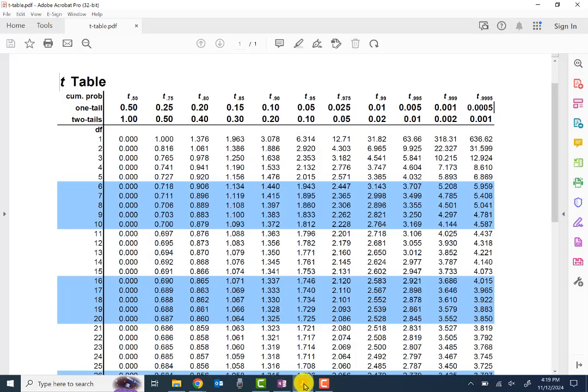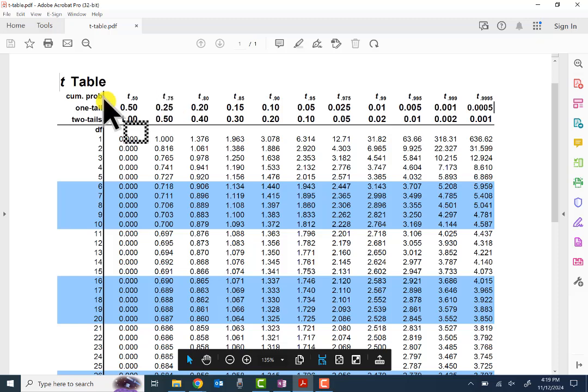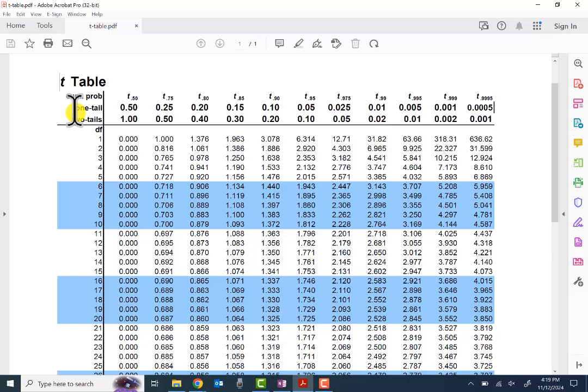So let's come back up here. These are the alpha levels here at the top. We want to go along this one tail. So here I go until I get to 0.05. So this is my column right here. This actually lists T95. Now I'm going to go to where the degrees of freedom is 16.